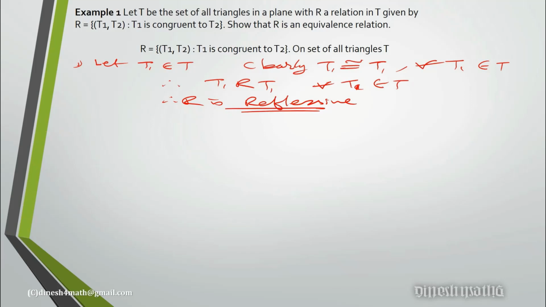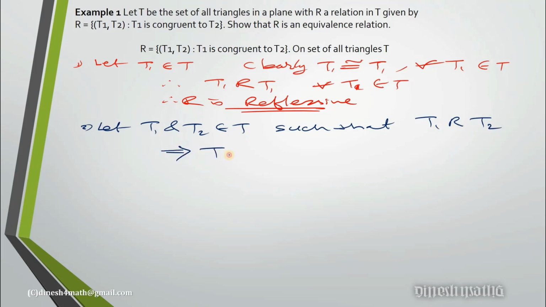Now we take the second case. We need to prove it is symmetric. For symmetric, you need elements A and B that are related. So we'll say, let there be two triangles T1 and T2 from the set of all triangles such that they are already related. T1 is related to T2, that is, T1 is congruent to T2.